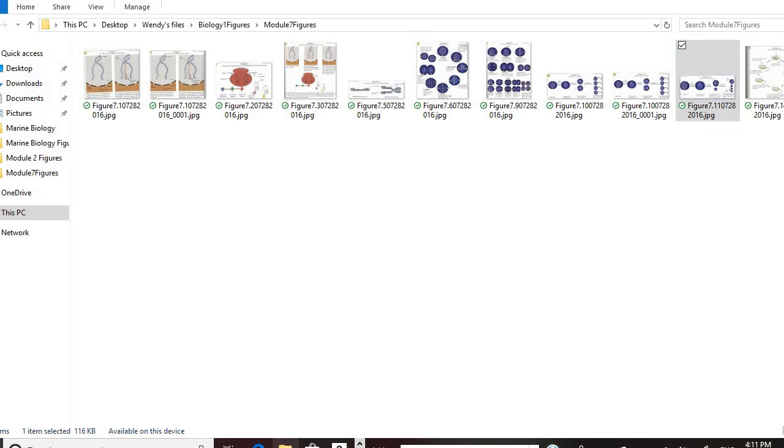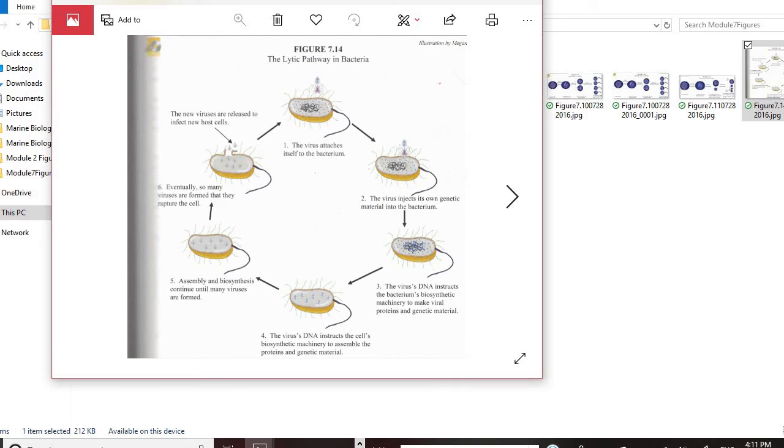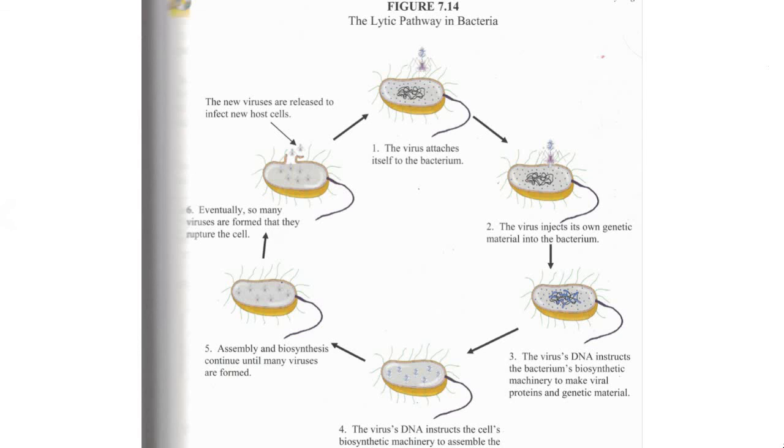Let me see if I have any more pictures to show you before we are done. This figure just shows how viruses attach themselves.